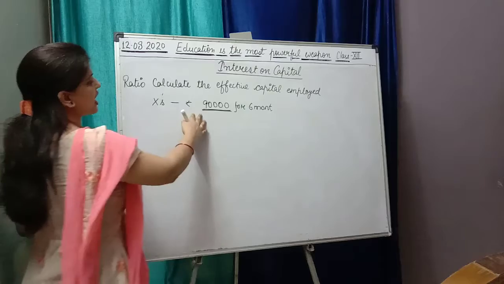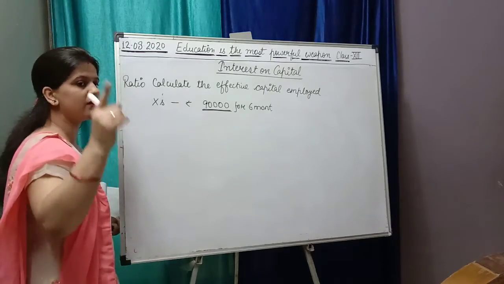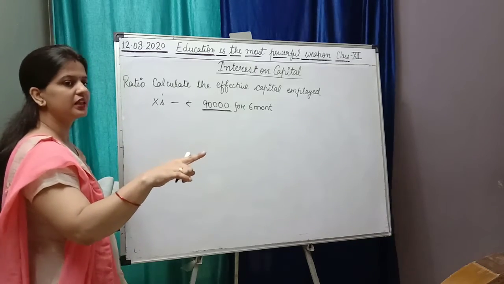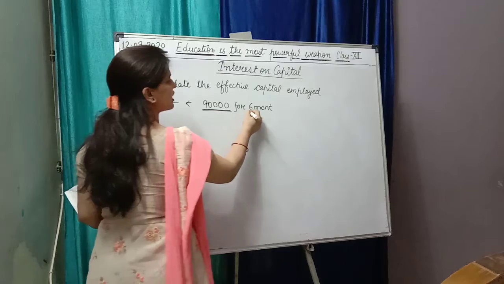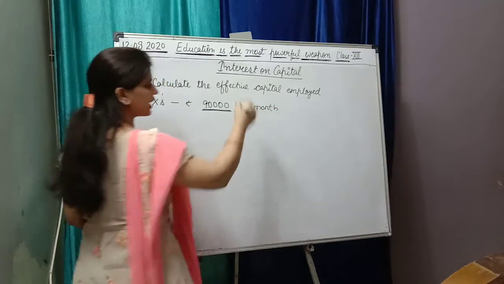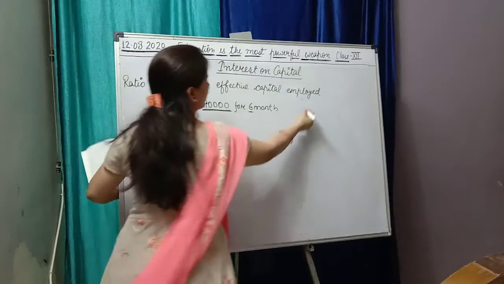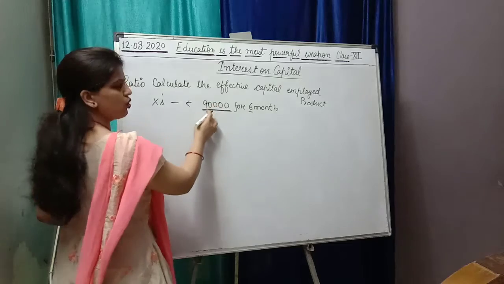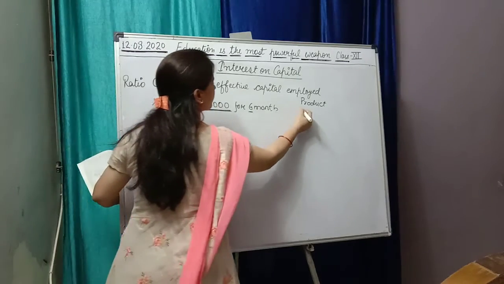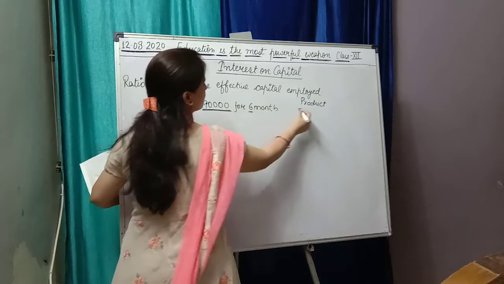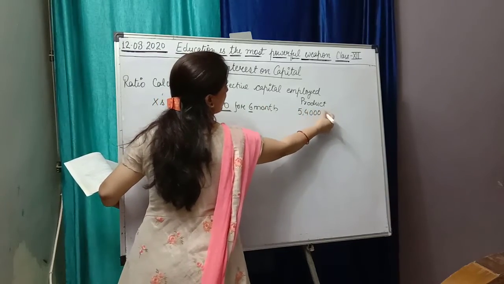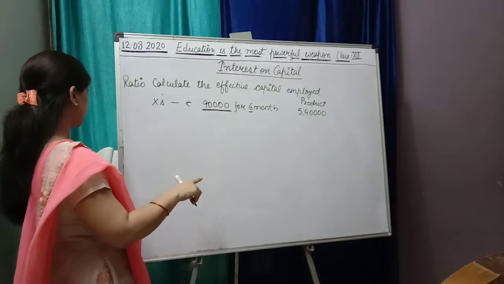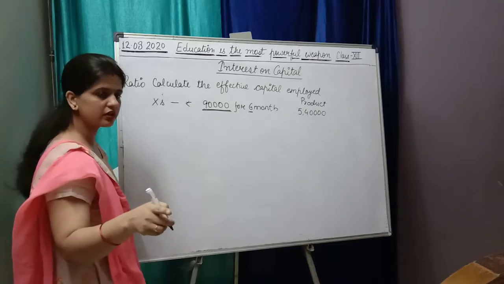We are using the product method, and in the product method we have to multiply the capital with the duration. This is the duration, 6 months. Now what will the product be? 6 into 90,000 will be 5,40,000.